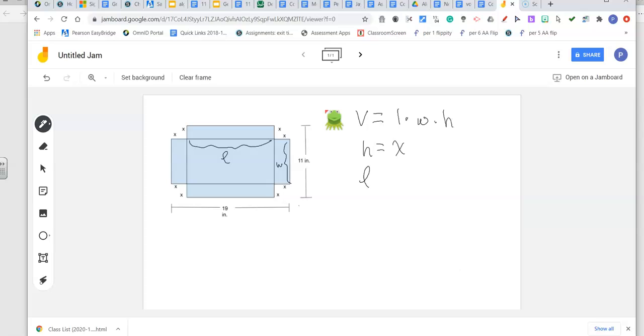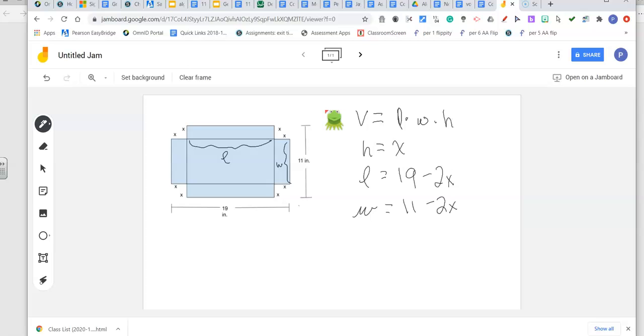The length there would be the 19 minus 2 x's. So the length here and the length here is the same. It's 19 all the way across, and then you take away that x, and that will give you what you have left. That means that the width would be 11 minus those 2 x's.